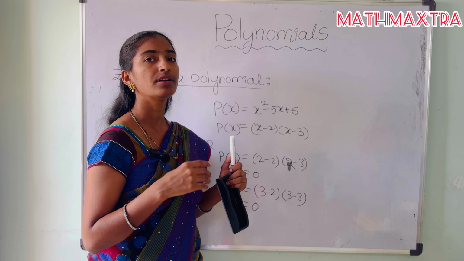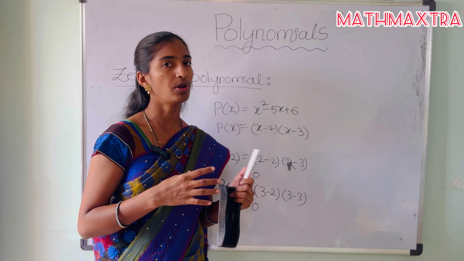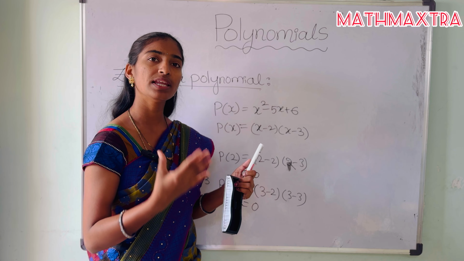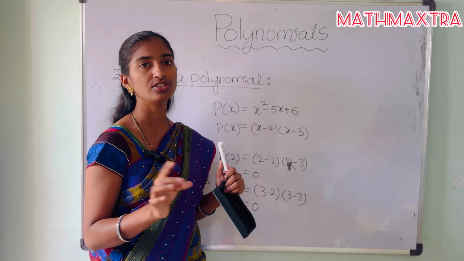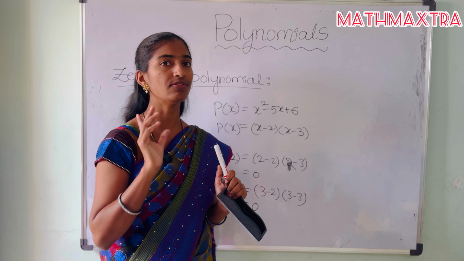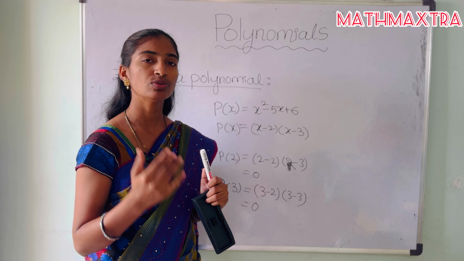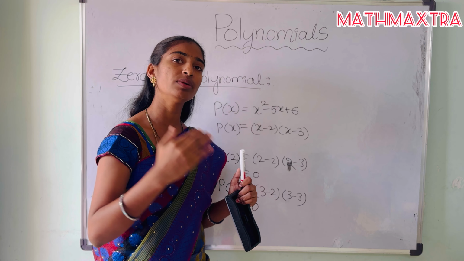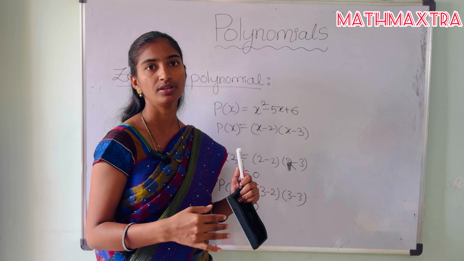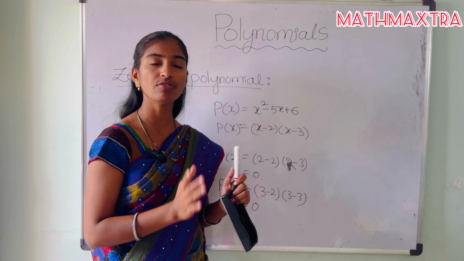Okay, and for a linear polynomial, as the degree is 1, it has at most 1 zero. Means you can say it has exactly 1 zero. But when you come to quadratic, it has at most 2 zeros. For cubic, it has at most 3 zeros and so on. So according to the fundamental theorem of algebra.